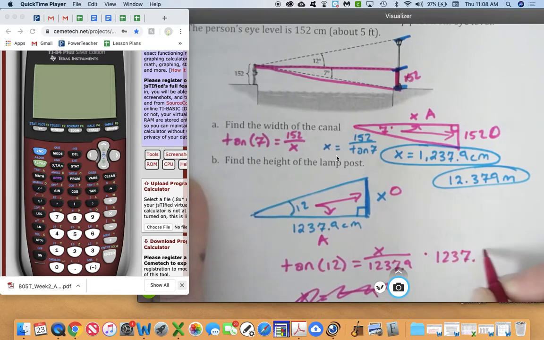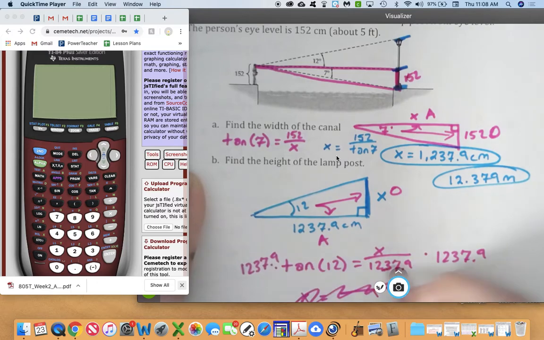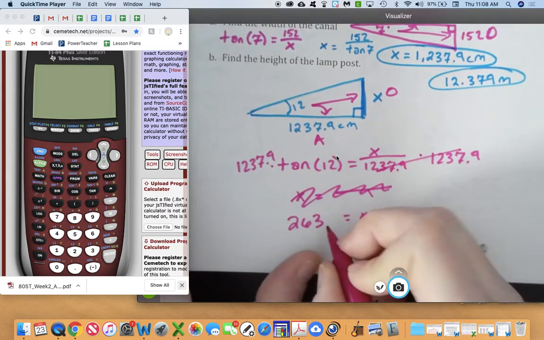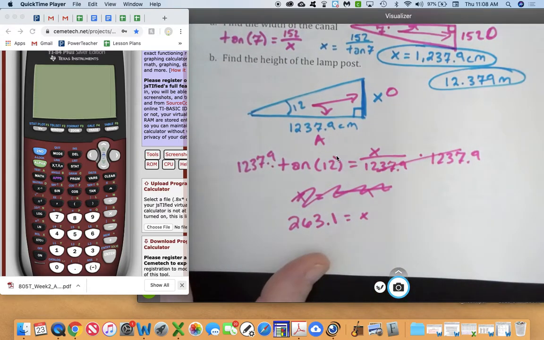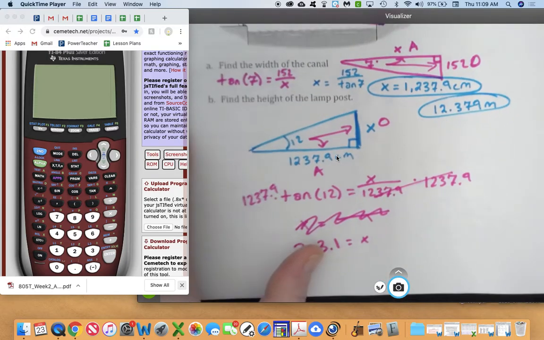Yeah, I'd say 263.1. That's all the top is? I took the rounded number. Oh, the non-rounded number. But you've got to add it up. So 263.1 is not the answer.